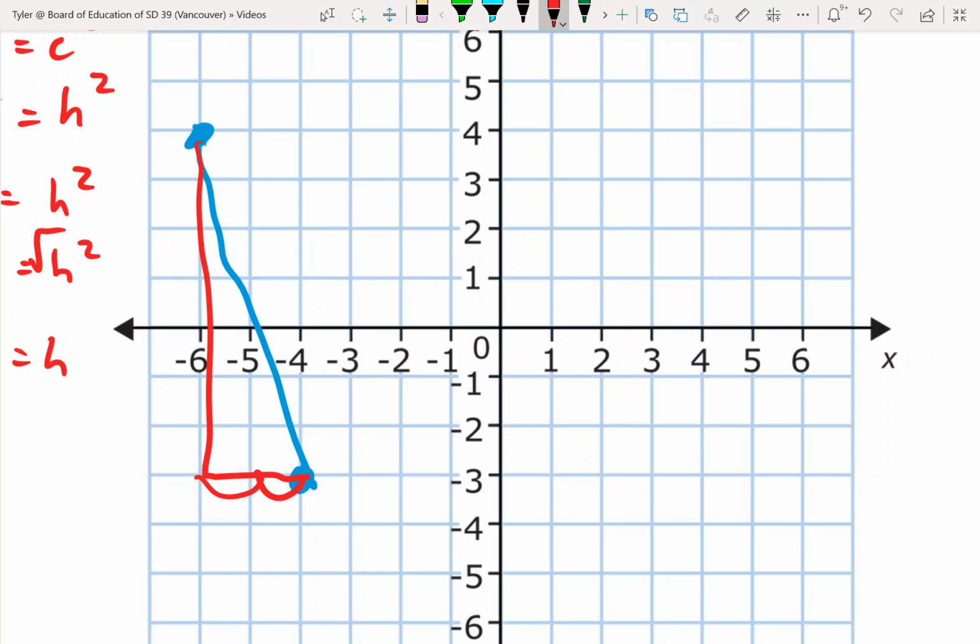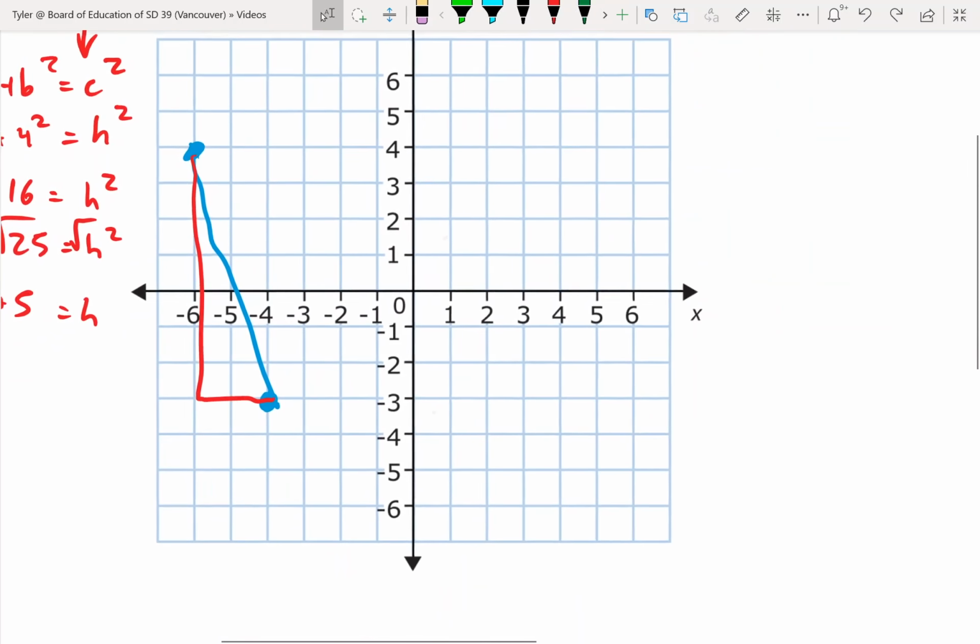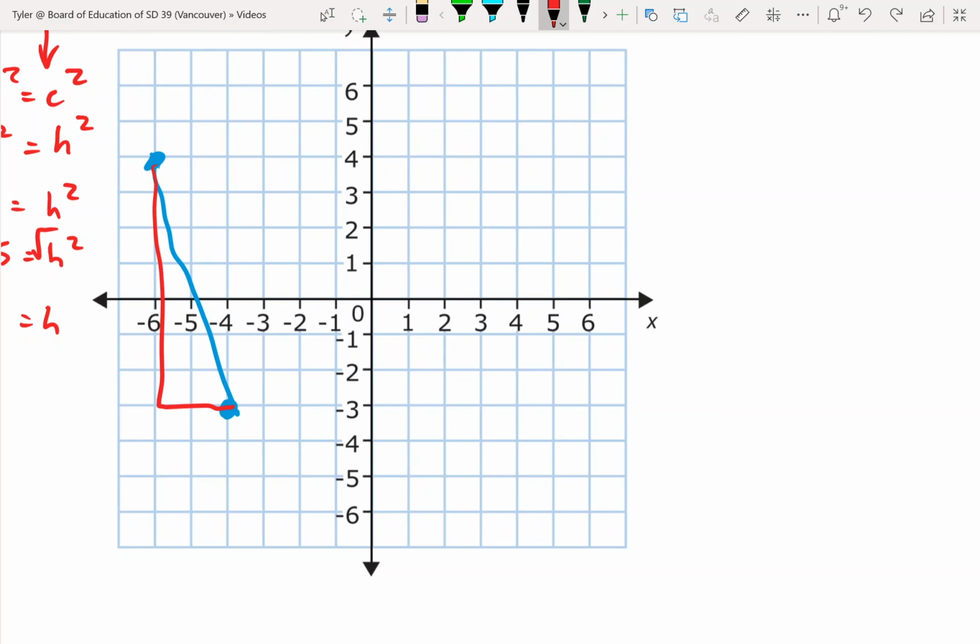Again, if this was just 2, because I can tell from the graph, that would work. But let's use the formula we talked about last class. We're going to take this point and subtract this point. So these are x values. I'm going to call this x2 and this is x1, the first point, the second point. We said x2 minus x1. So that was -4 minus -6 gives me 2.